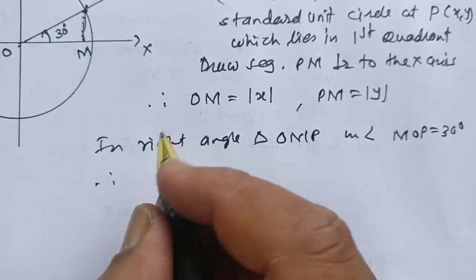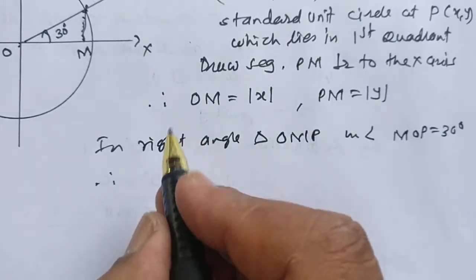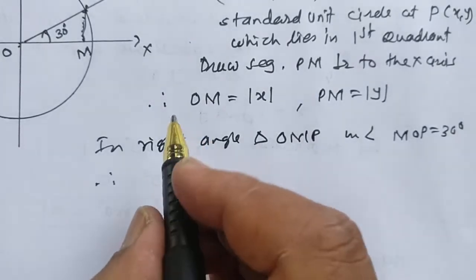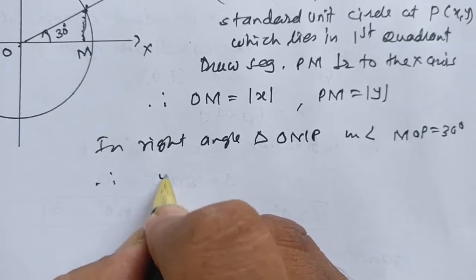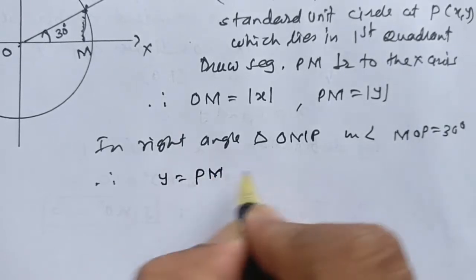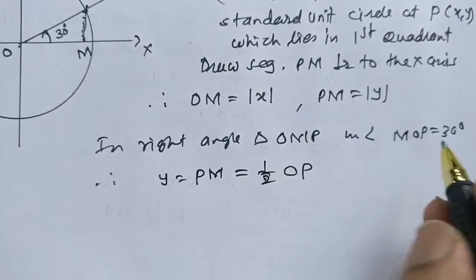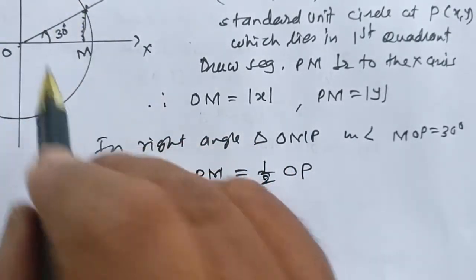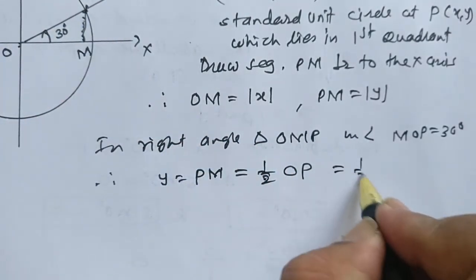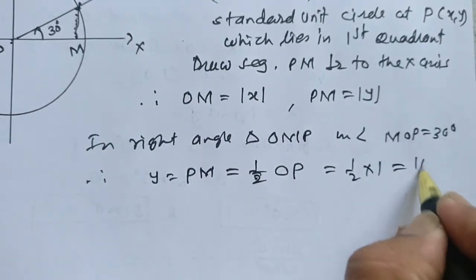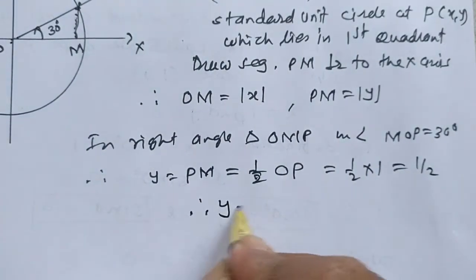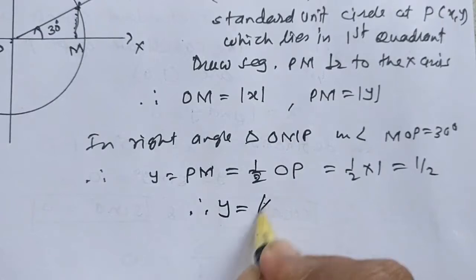Therefore, y is equal to PM is equal to 1/2 of OP. OP is the radius of the unit circle, which is 1. So 1/2 into 1 is equal to 1/2. Therefore, we get y is equal to 1/2.